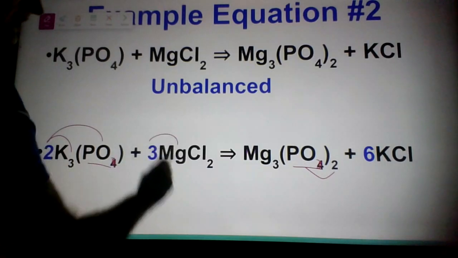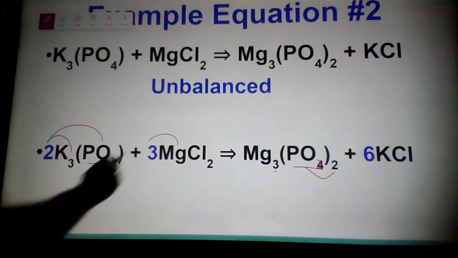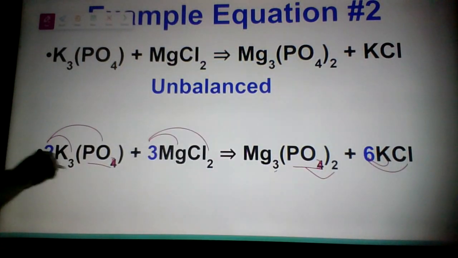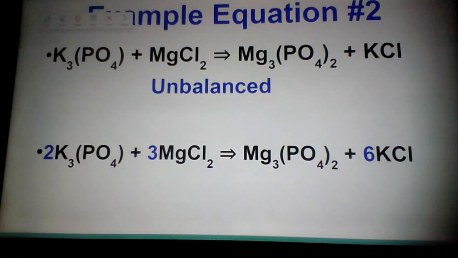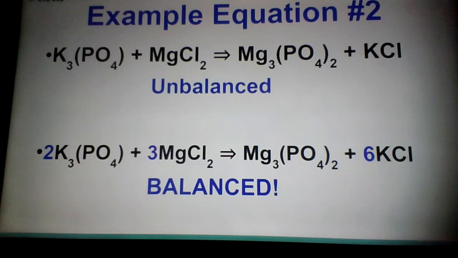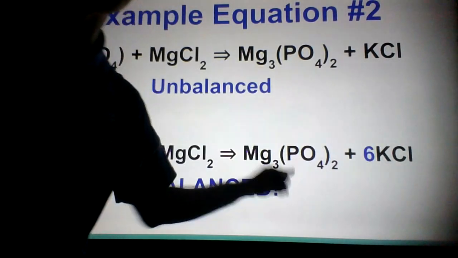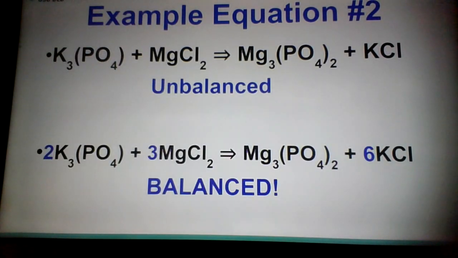Here you have 3 magnesiums and 3 magnesiums. You have 3 times 2 is 6 chlorines and 6 chlorines and also 6 potassiums, which you have over here. That's going to take practice, but this is a balanced equation. We start with and end with the same things on both sides. The atoms are simply rearranged. That satisfies the law of conservation of matter.